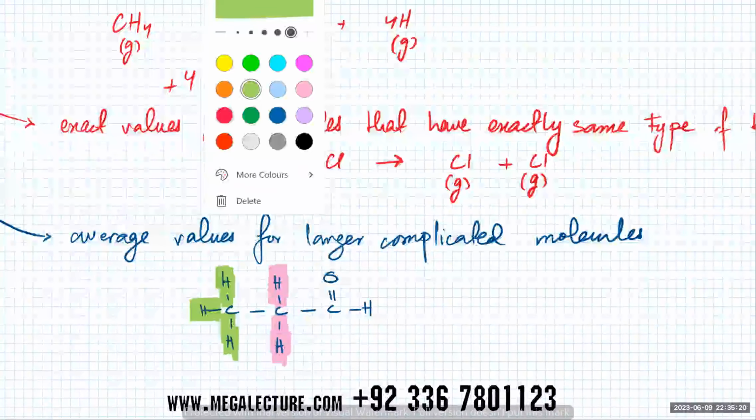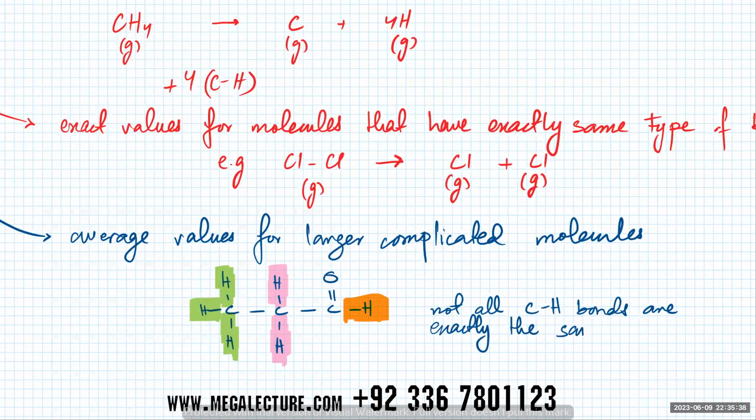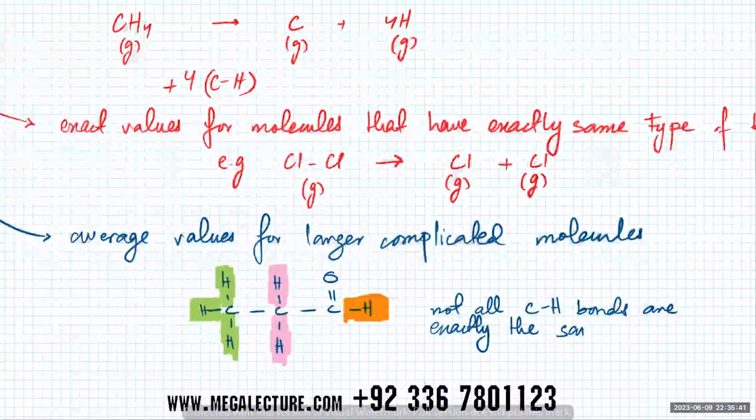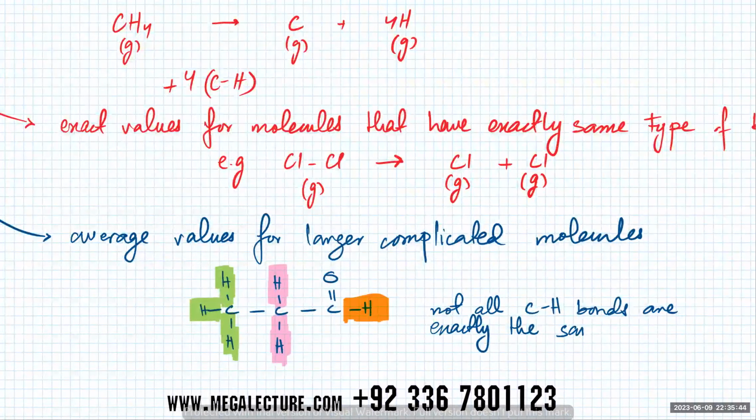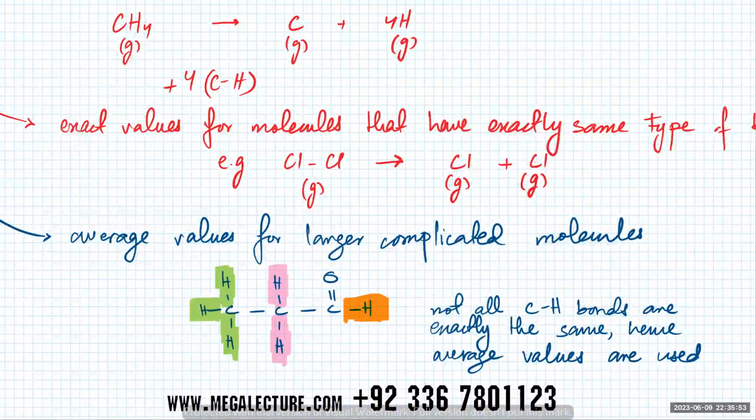But not all of them are exactly the same. Hence, average values are used. Is this clear?